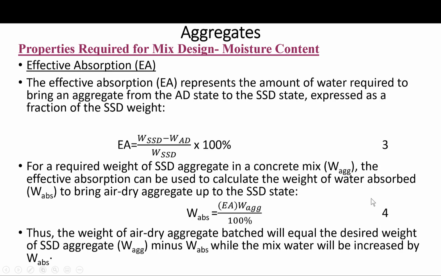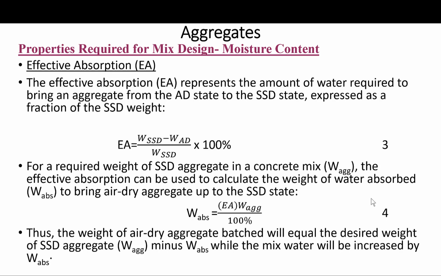So the weight of air dry aggregate batched will equal the desired weight of SSD aggregate minus the water absorbed, while the mixed water will be increased by the water absorbed. Okay, keep track of all these.